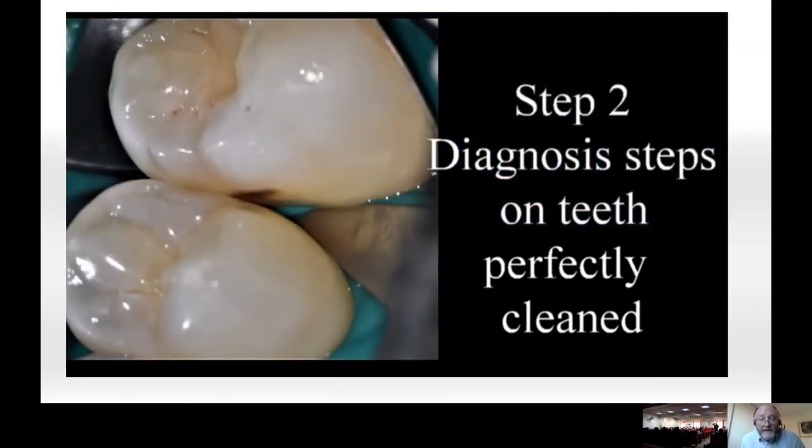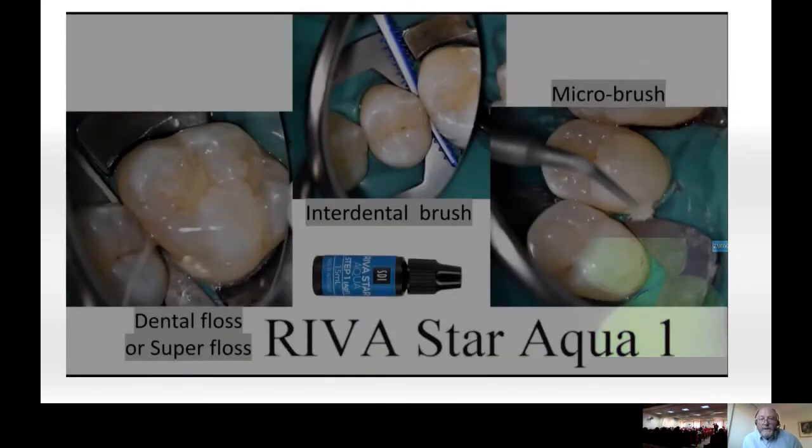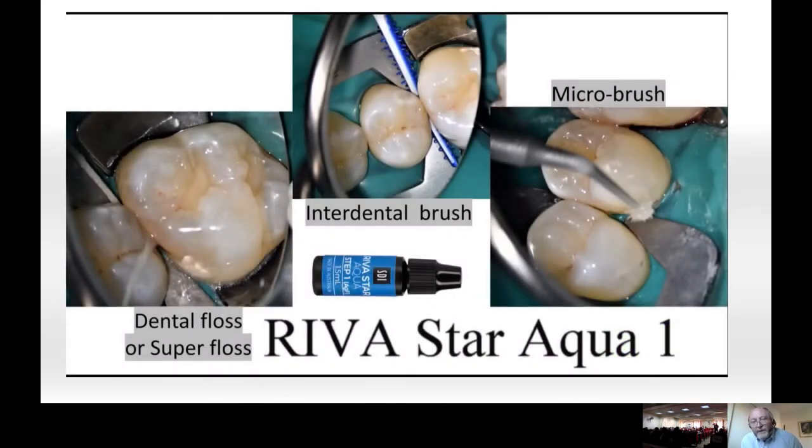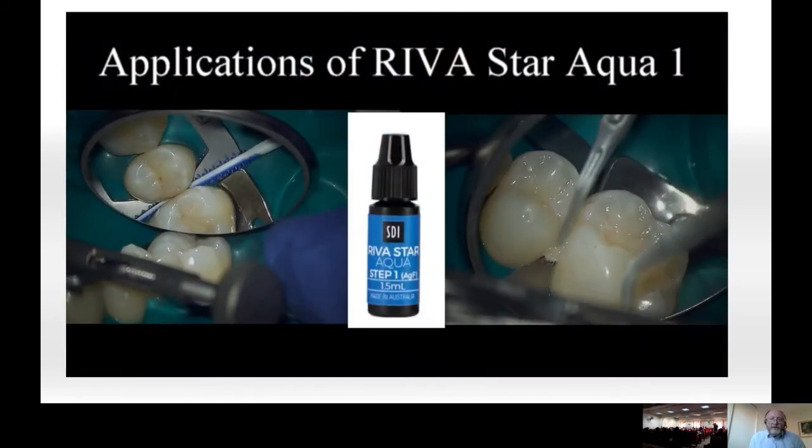And then you can see, thanks to the high level of magnification, the different starting points of caries using infrared and fluorescence, and then we have a lot of information, meaning that we better know if the caries are on the vestibular side or palatal side, and then we start with the first solution. It's Riva Star Aqua from SDI, and then we gently apply it.